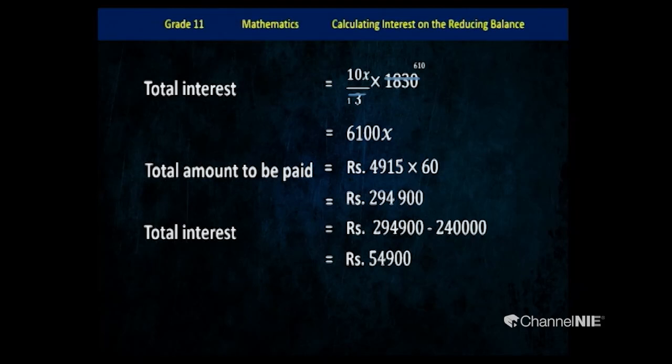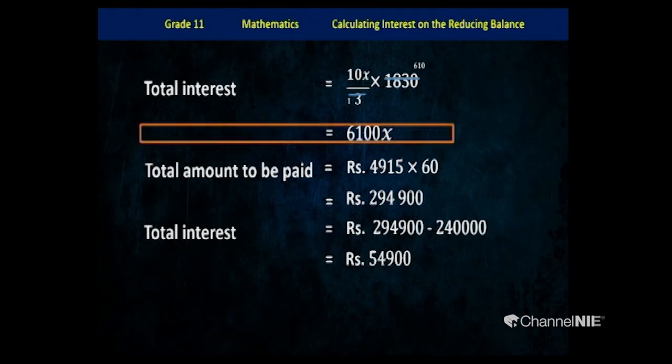Now we have come to a place where we know the same thing in two different ways. According to the above method, total interest equals 6100x. According to the other method, or the reverse order, we calculated and got the total interest as 54,900.